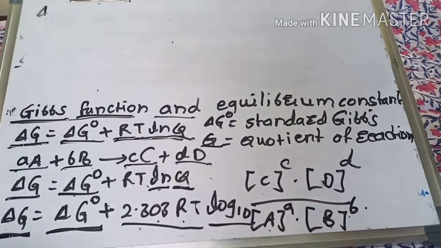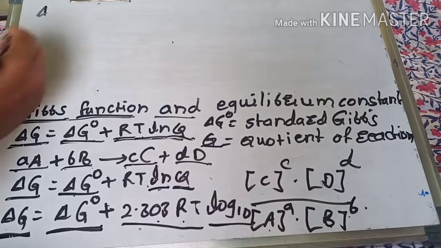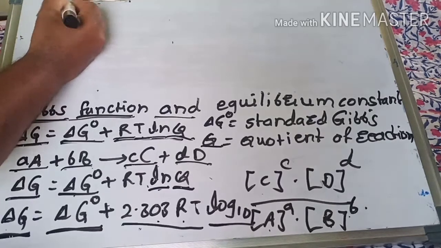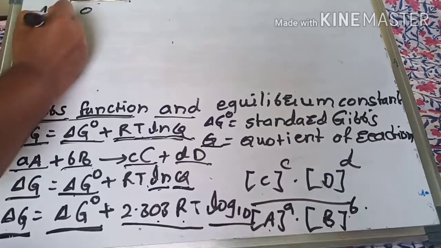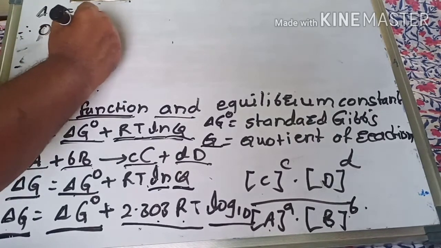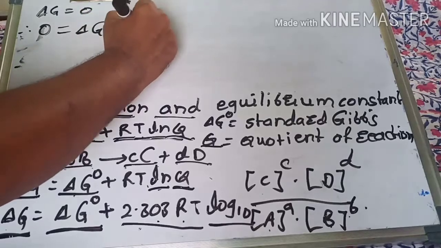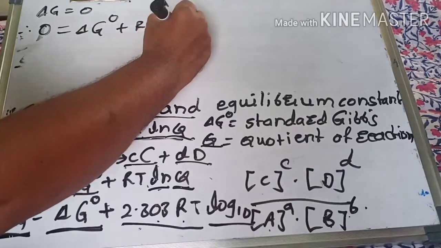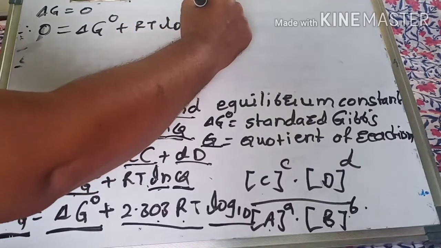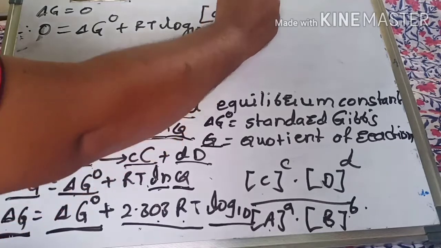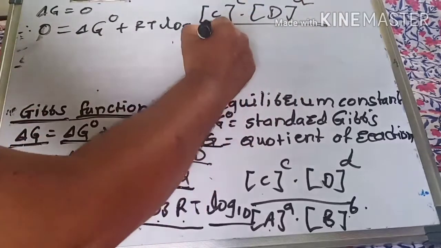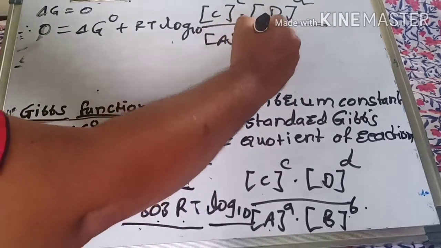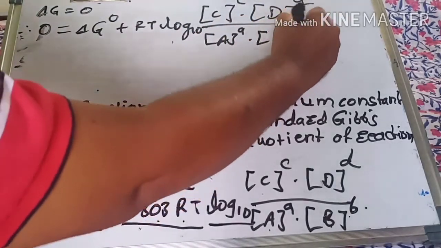When the reaction is at equilibrium, then delta G is equal to 0, and therefore this equation becomes 0 is equal to delta G0 plus 2.303 RT log to the base 10 of concentration of C raised to c into concentration of D raised to d upon concentration of A raised to a into concentration of B raised to b.